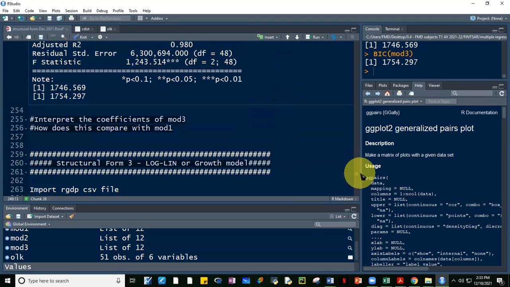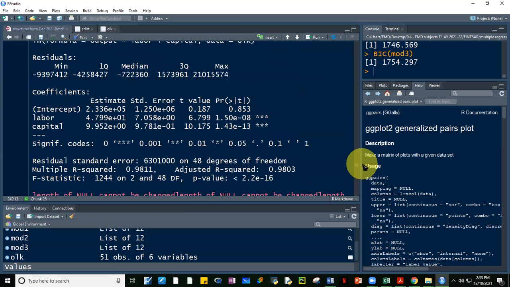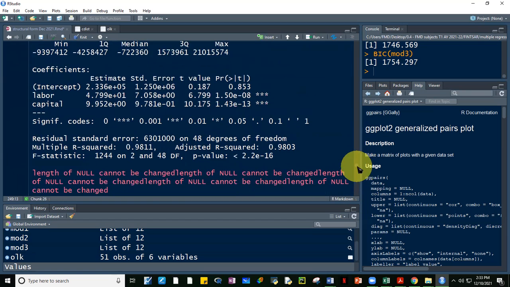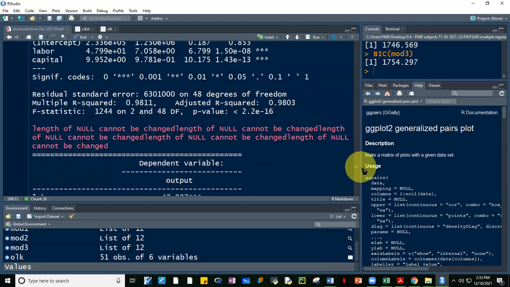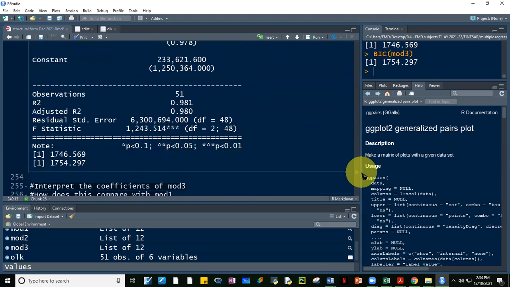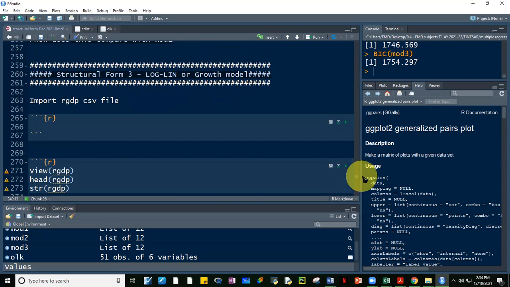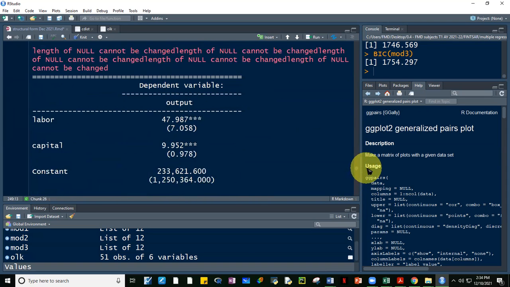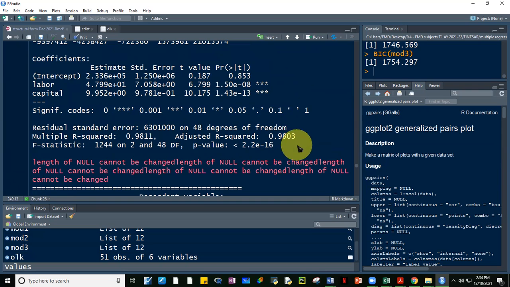Around 96, I think. Let's check: 96.27%. Model 1 is 96.27%, model 3 is 98.03%.